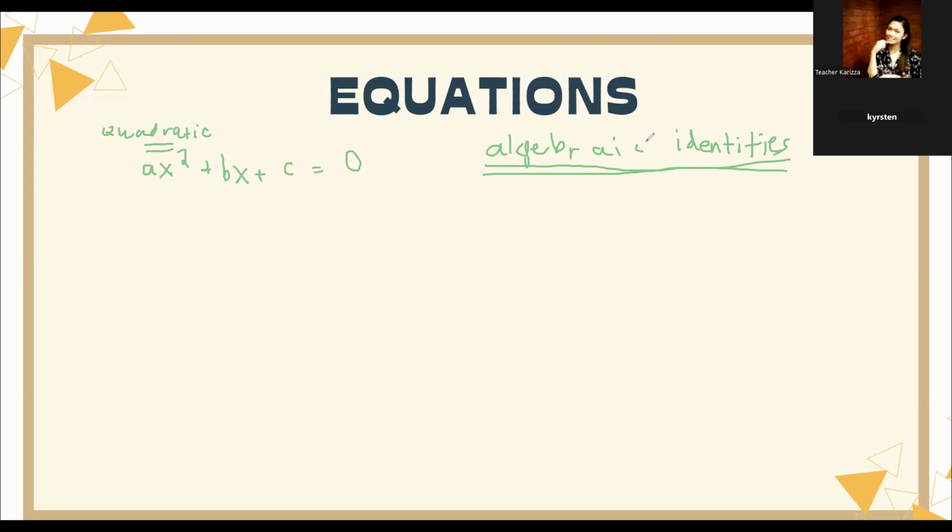Okay, so let's look at solving quadratic equations. Our first method, of course, is always the factoring method, right? So we have factoring, and then we have completing the square.